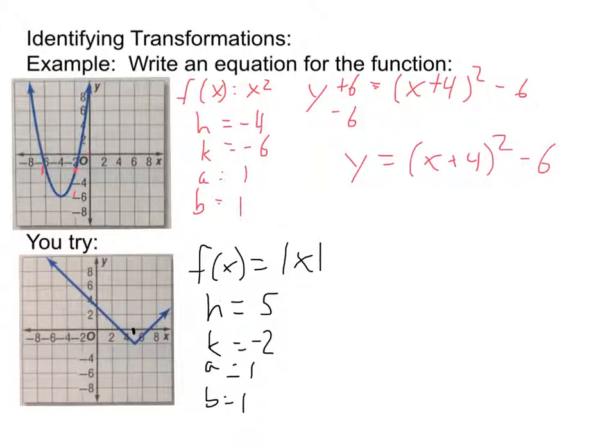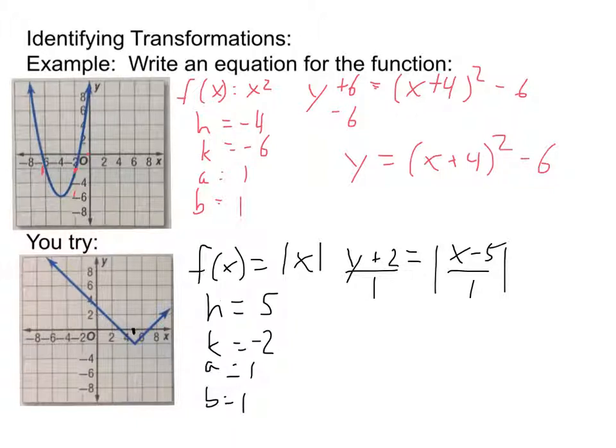So that hasn't stretched or shrunk vertically, and it hasn't been reflected over the y-axis or x-axis, so we can start writing the function. So y minus k, so minus a negative 2 is plus 2, over 1 equals, we'll put over 1 this time, the absolute value of x minus h, which is 5, over 1.